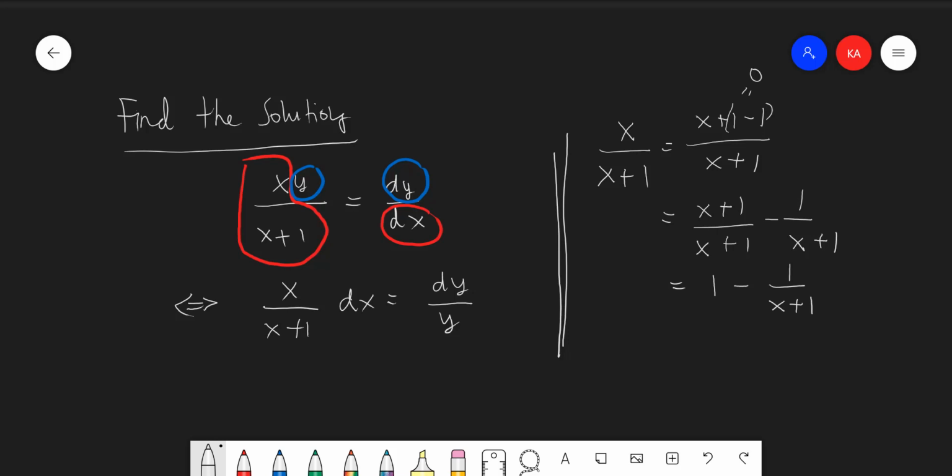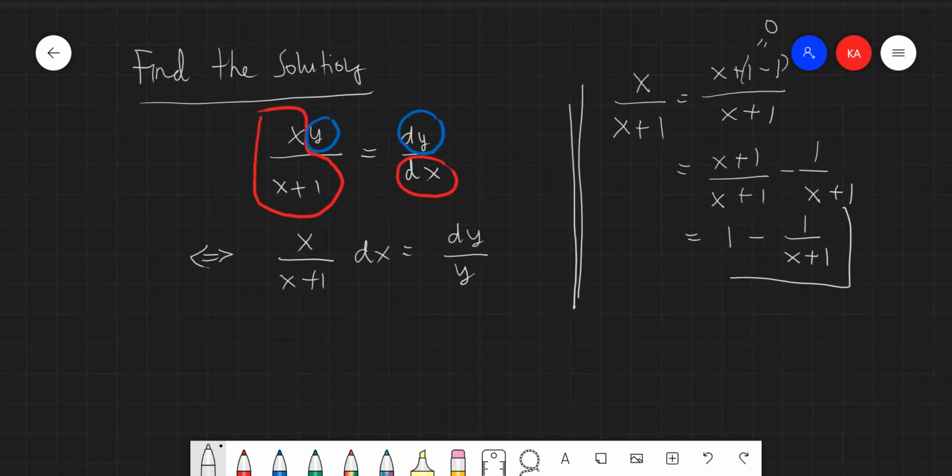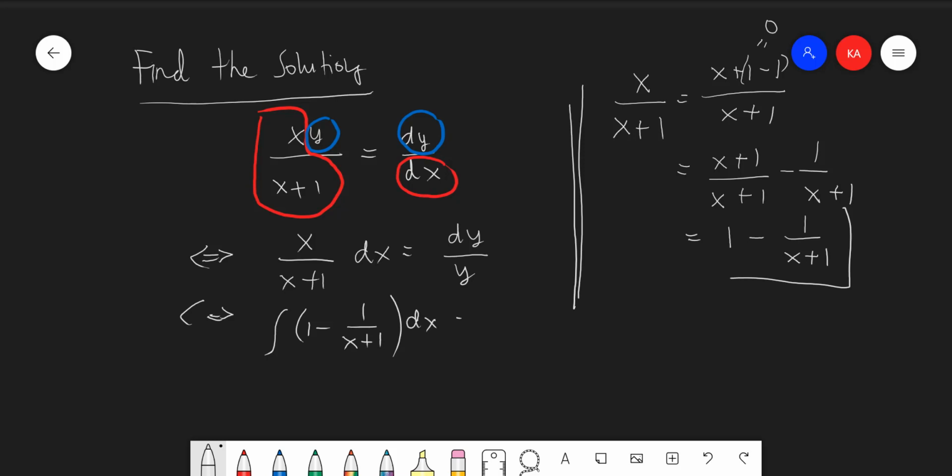So we can write x per x plus 1 as 1 minus 1 per x plus 1, and then we can make integrations: 1 minus 1 per x plus 1 dx is equal to the integral of dy per y.